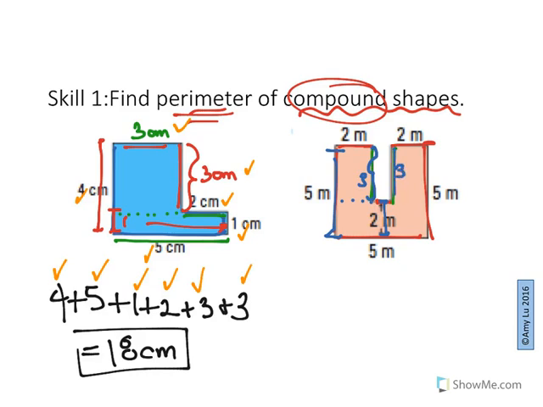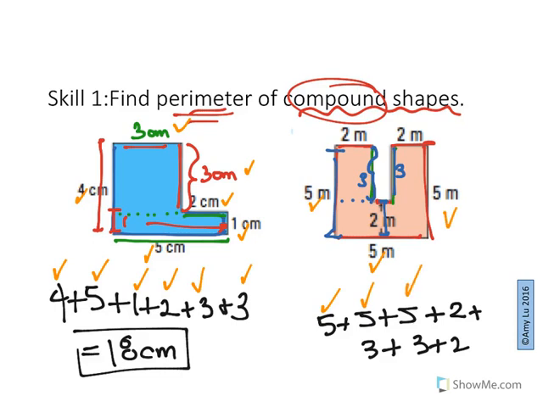So I'm going to add now. 5 plus 5 plus 5 plus 2 plus 3 plus 3 plus 2. And let me check. 5, 5, 5, 2, 3, 3, 2. Oh wait, I am missing something. I'm missing this side right here.